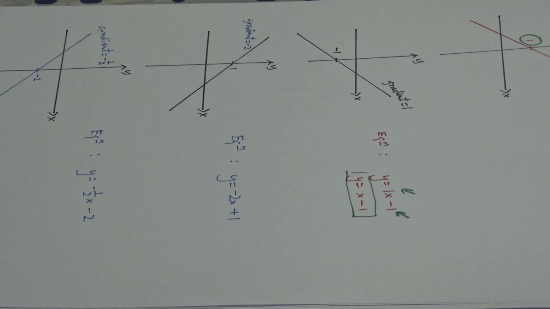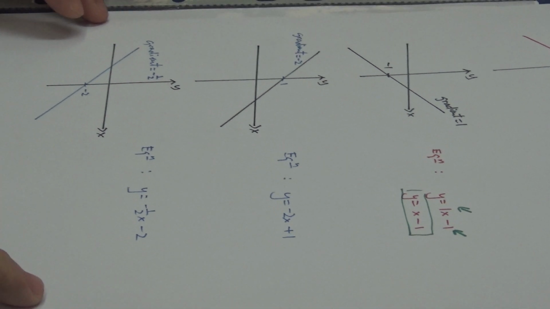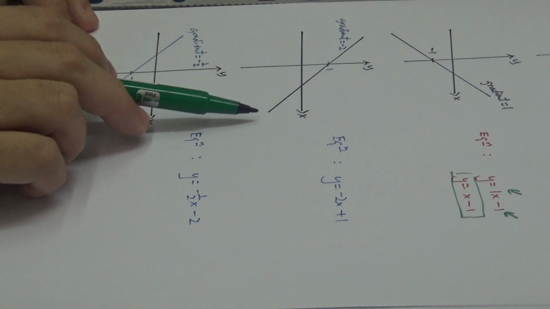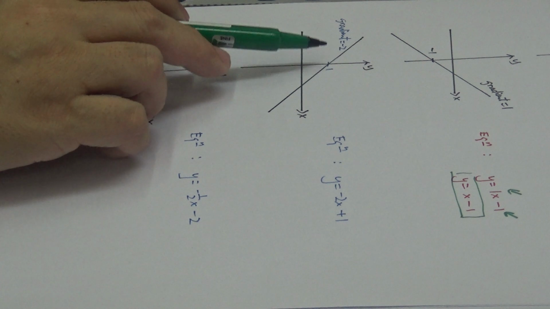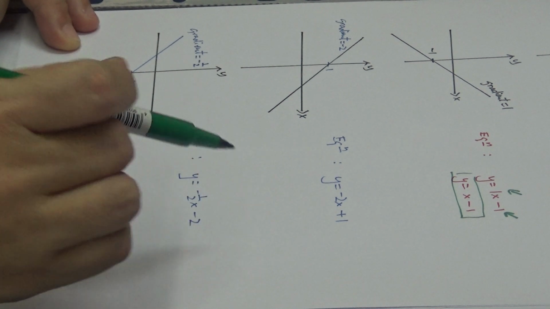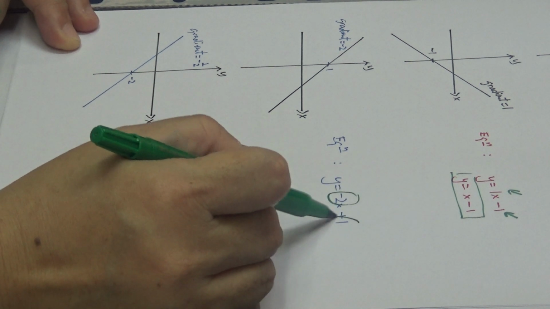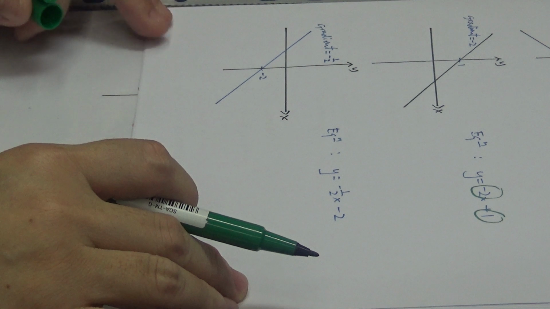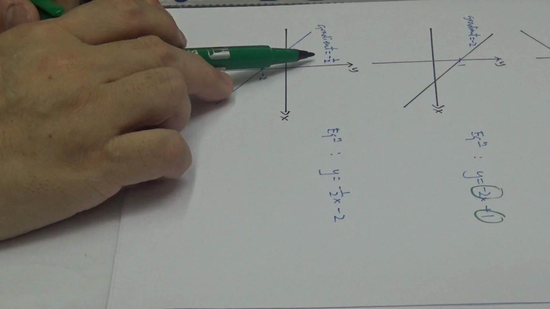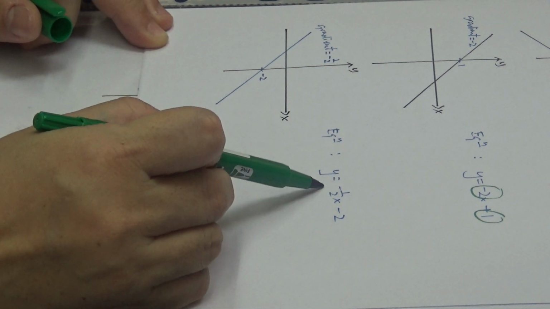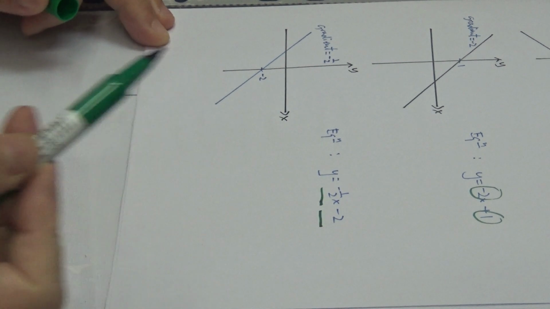Now, another example. Let's take a look at the third example. This line slopes this way and has gradient -2, and it cuts at 1. So y equals -2x plus 1. This is the gradient, this is the y-intercept. Likewise, if you have this line whereby the gradient is -½ and the y-intercept is -2, I will have y equals -½x minus 2.